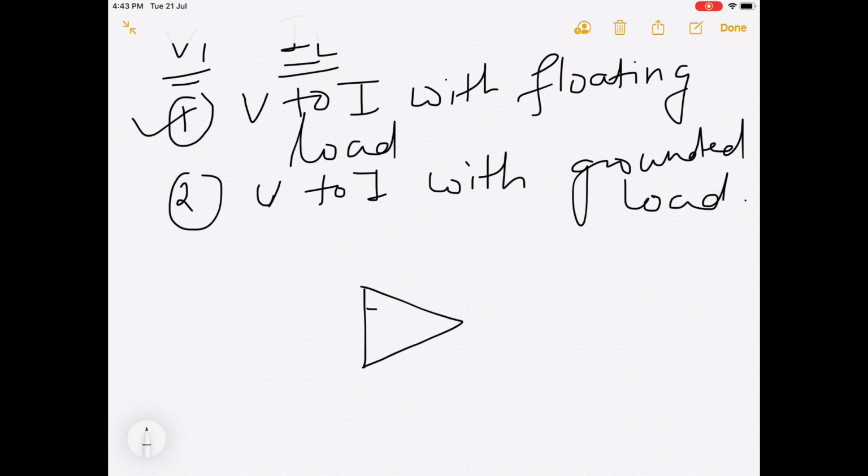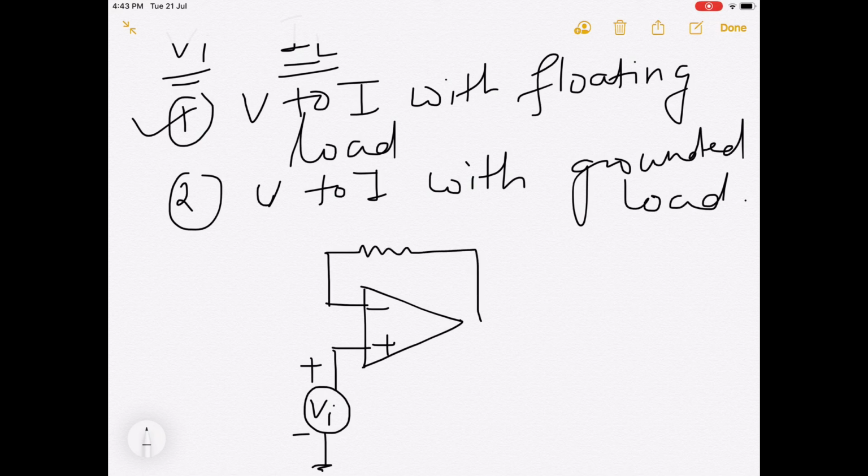You have to draw first the op amp, then apply input, suppose at the non-inverting terminal. This is your Vi input, then your feedback resistor RL, and VO at this terminal. This resistor is RL, current flowing through this resistor is IL.